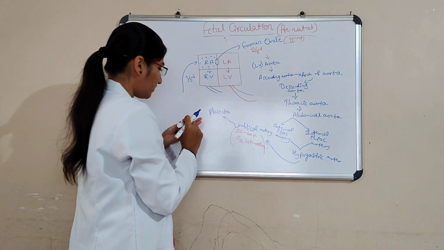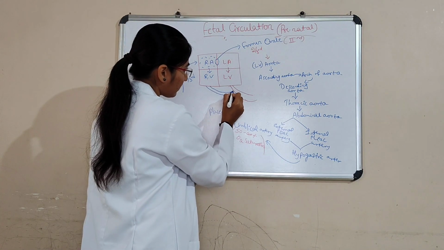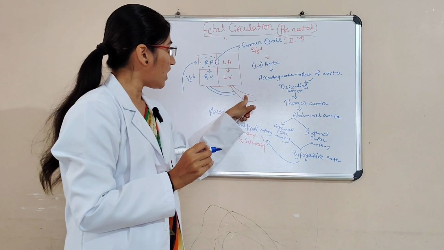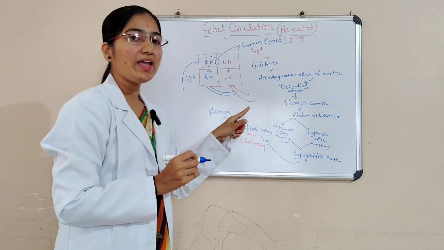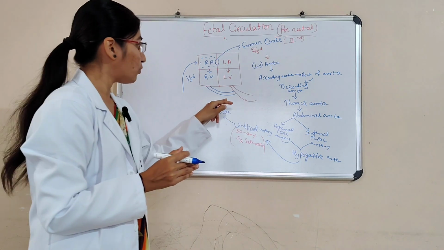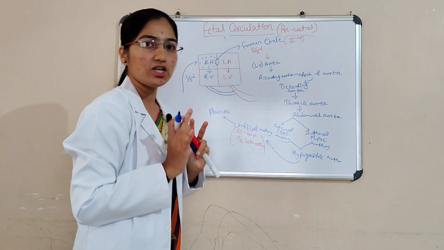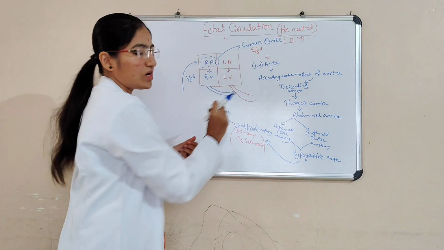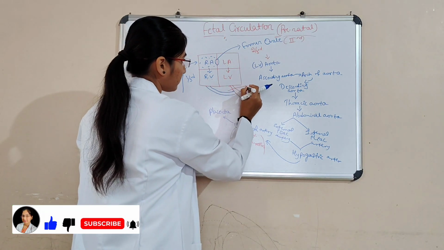Here the pulmonary artery is going to join to the descending aorta. It creates one bypass channel, that is the ductus arteriosus.